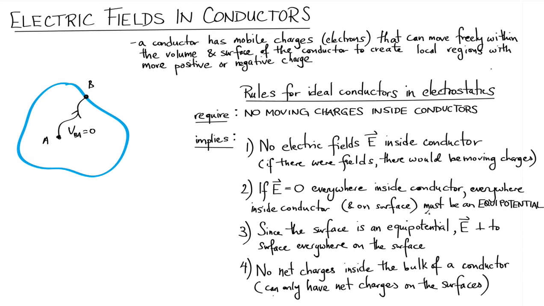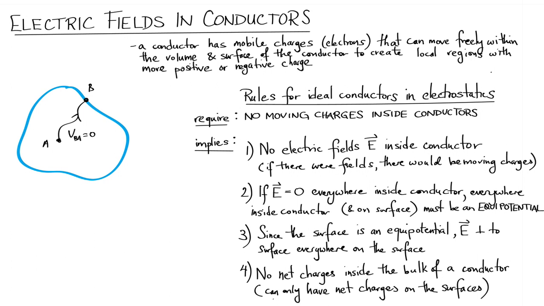As I said, if you look inside a conductor, there are in fact billions of charges inside, but inside the bulk of a conductor, every region has equal numbers of negative and positive charges. So the net amount of charge inside the bulk of a conductor should be 0. In fact, if you put net charges on a conductor, they will exist on the surface of the conductor.